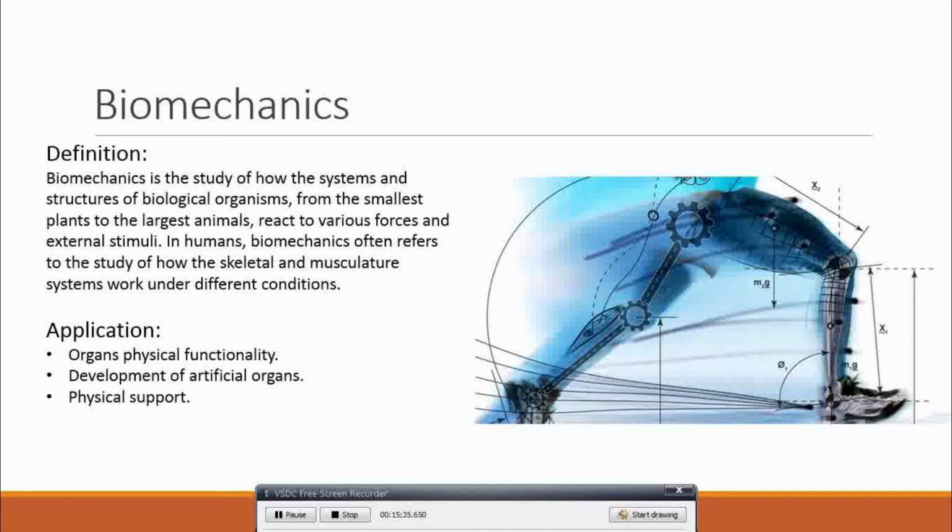So tu adalah salah satu contoh design dalam biomechanics. And then physical support, contoh digunakan stretcher, tongkat yang tongkat 4 kaki ataupun tongkat yang 2 kaki, 3 kaki, tu pun termasuk dalam design biomechanics.